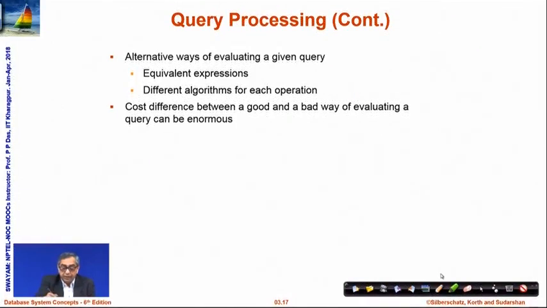You have seen similar concepts in normal programming languages also. For example, for sorting, there are several ways to sort, and some are better, some are not as efficient. Similarly, a query needs to be evaluated, and the cost between good and bad ways needs to be figured out.